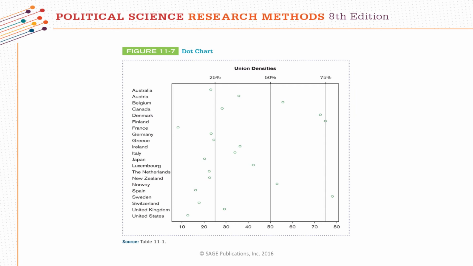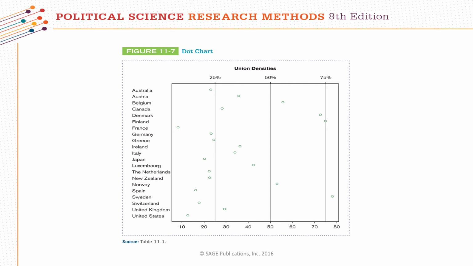Anyway, what is the point of this? Your mean, median, mode, interquartile ranges, standard deviations, dot charts, graphs of this nature, this is all about description. I cannot tell you anything for sure about whether or not the United States has a more unequal society because there are fewer unions.